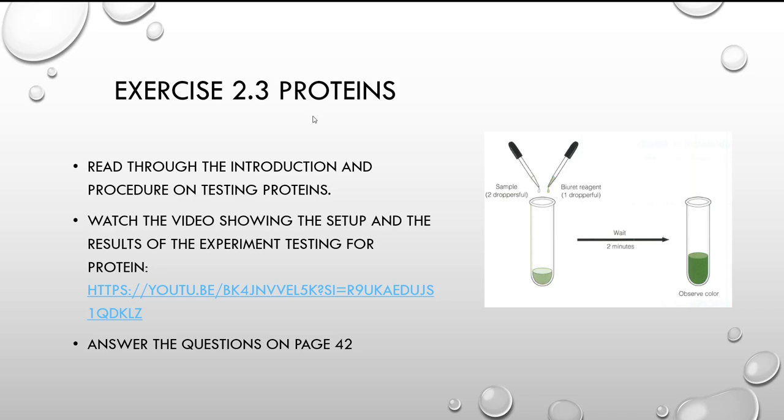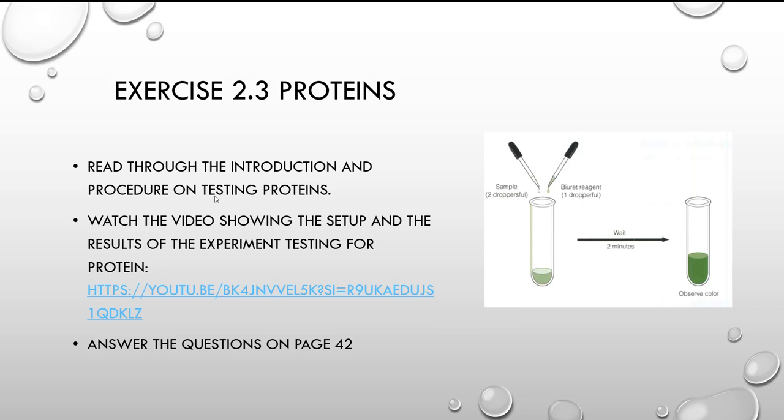And then moving on to exercise 2.3 on proteins. So proteins, we go back to a more traditional experiment where we have our test tubes again. So this is something that you cannot test at home because you won't have the biuret reagent. And so this one, it's kind of the same as the iodine, where you put the sample in and then you put the biuret, and then after a few minutes it changes color.